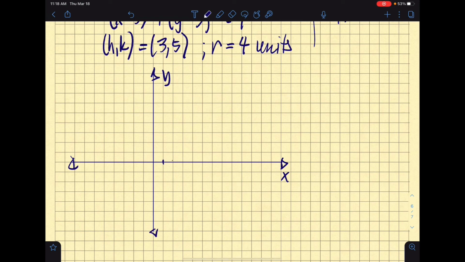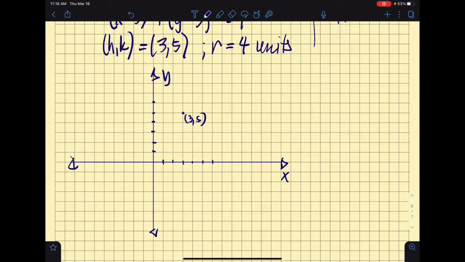Okay, so yung grid natin is 1:1. Then locate 3, 5. So 3, 5 is here. So it's 1, 2, 3, 1, 2, 3, 4, 5. So our point 3, 5 is here. It's 3, 5. And then our radius is 4 units.